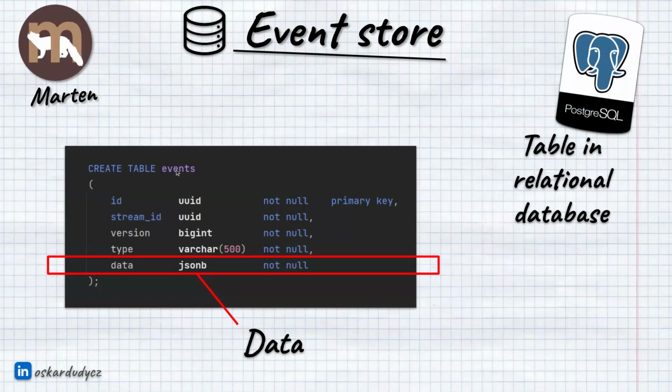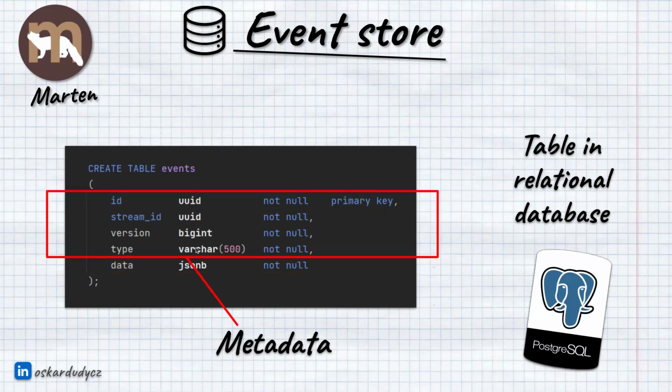We could keep all of our events in a regular table where data is stored as a JSONB or binary object, and the rest of the data is actually metadata, so the columns that are all the same for all of our records, like stream ID, event ID, event type, all of them can be modeled as regular columns.